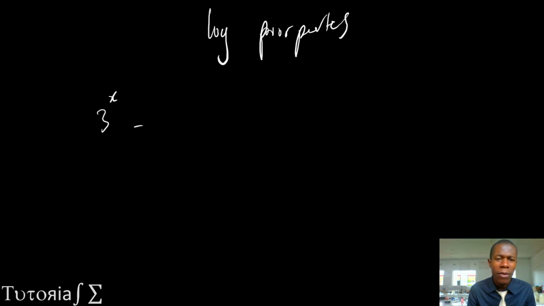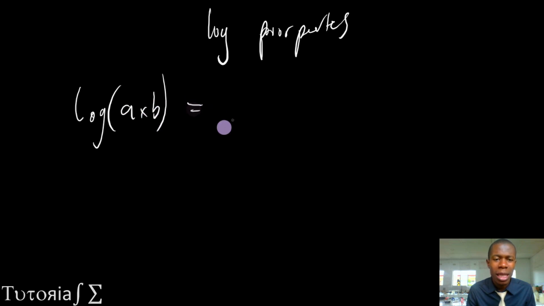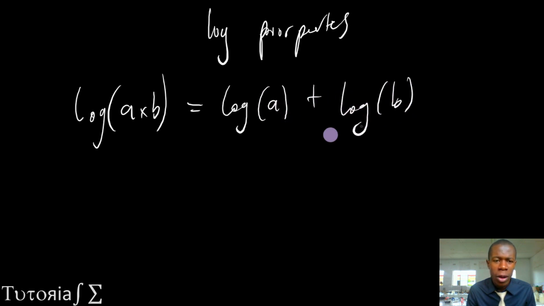So let's look at a few log principles that we may put into consideration. The first one is that if you have log of a times b, so these two are multiplying, this is the same thing as log of a plus log of b. Maybe this is to base k.